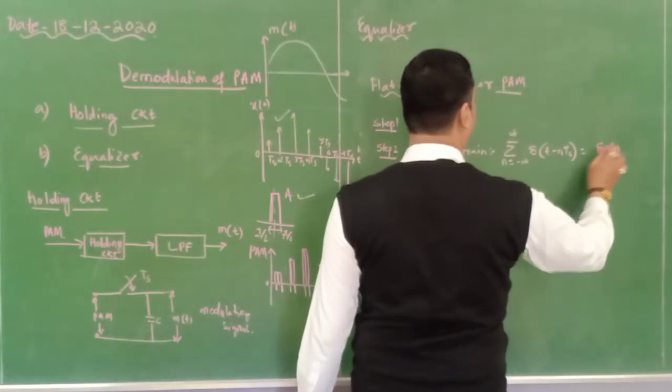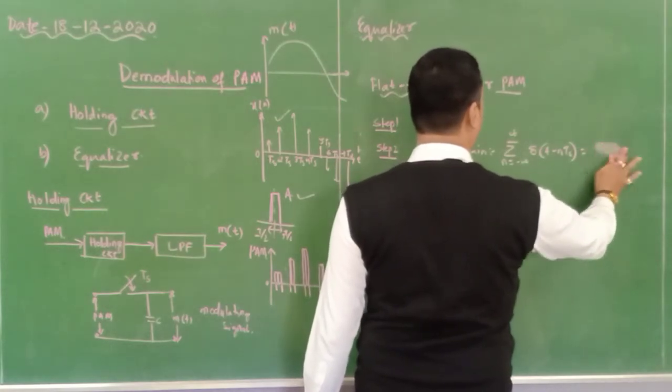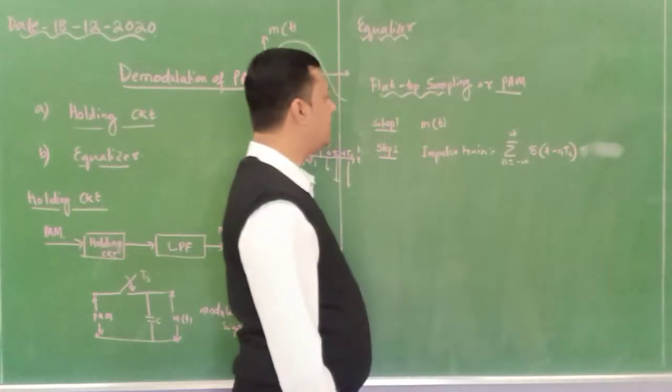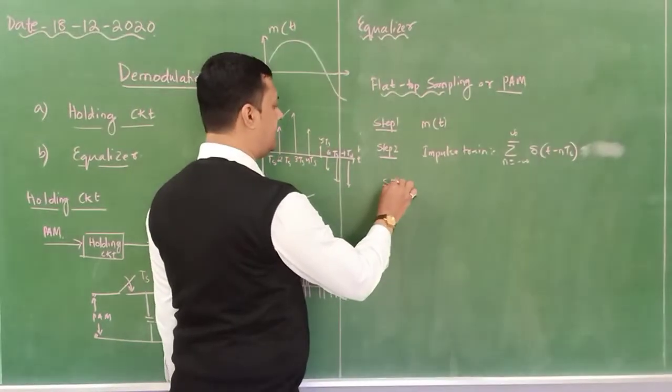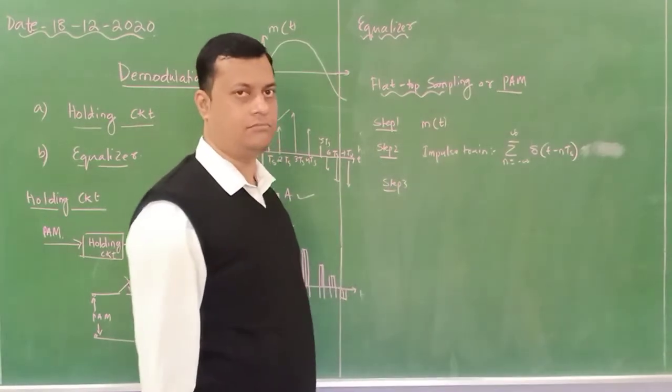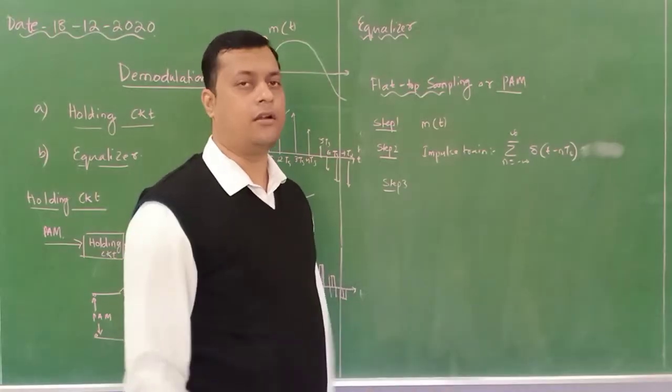Like this I can write, or some impulse function you can put, but the impulse train will be in this particular manner. Next, step 3, you need to multiply these two, and then you need to convolve it.